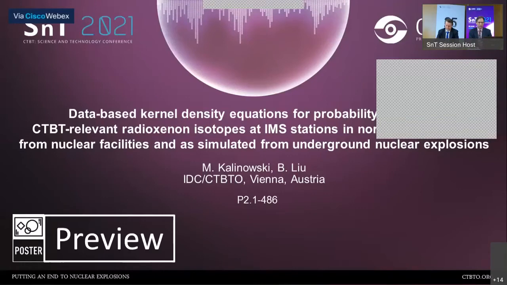It's difficult to define a standard release amount that comes from any of these typical facilities. So what is a typical release from a nuclear power plant if you don't have the real emission data?